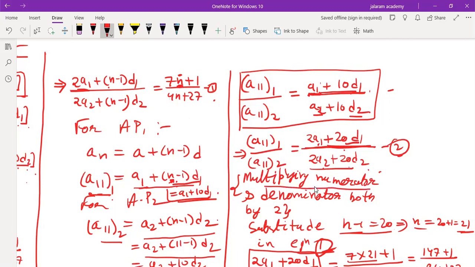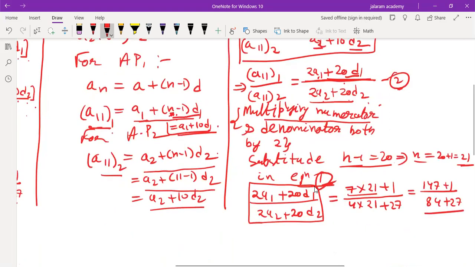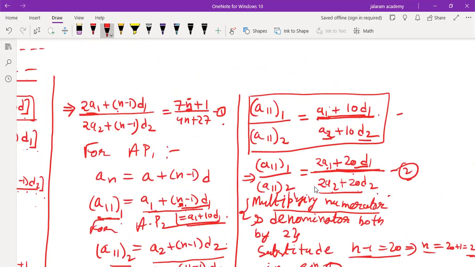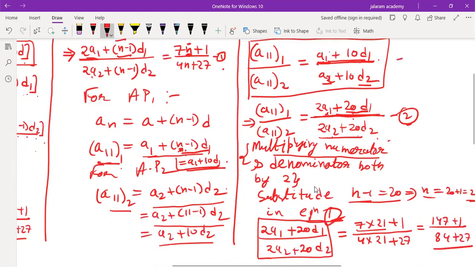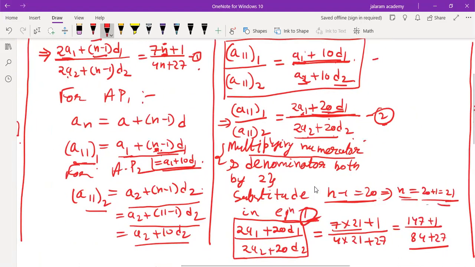Multiplying numerator and denominator both by 2, we get 2a1 plus 20d1 over 2a2 plus 20d2. Now if we again consider equation number 1, in place of n minus 1 it is 20. So if we replace n minus 1 with 20, we get n equals 20 plus 1, that is 21.